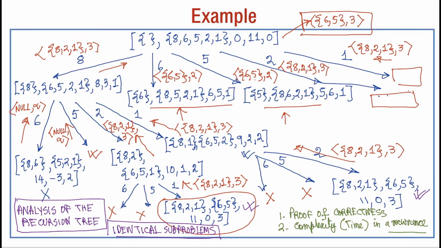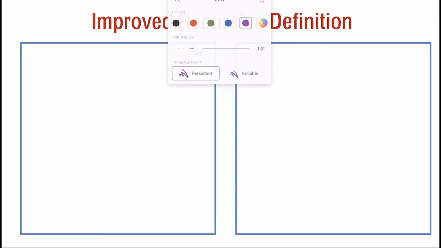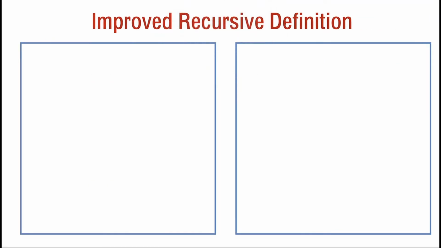So in order to do that, all the changes that we make in the recursive condition is at this part where we are doing S equal to S plus Ti, which is fine, we are adding Ti, but when we remove from U, we make a different change. So what is our improved alternative definition?